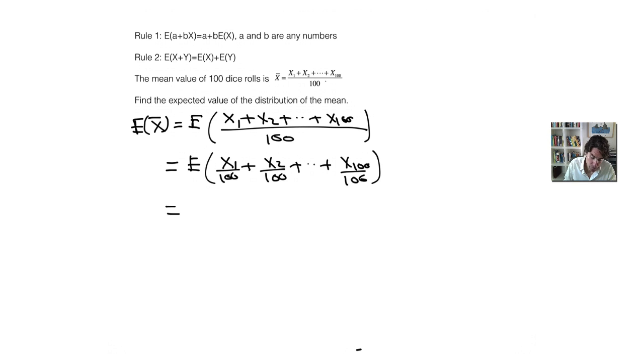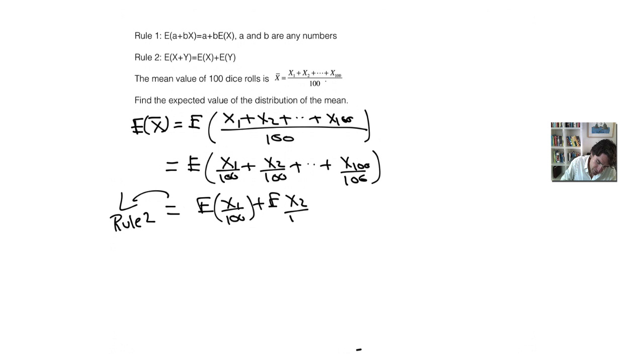Now I can use Rule 2 to bring the expected value through. So that's the expected value of x1 over 100 plus the expected value of x2 over 100 plus ... plus the expected value of x100 divided by 100.